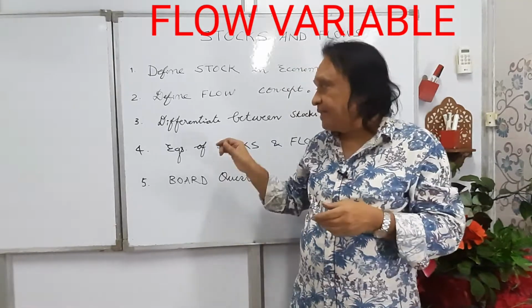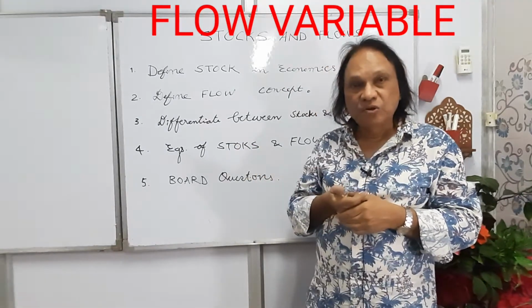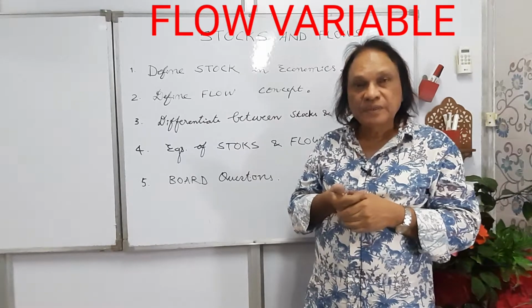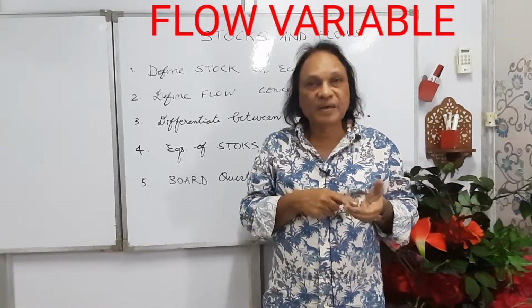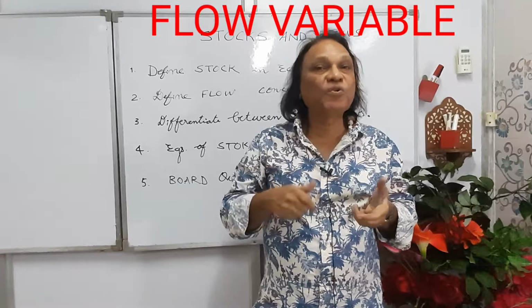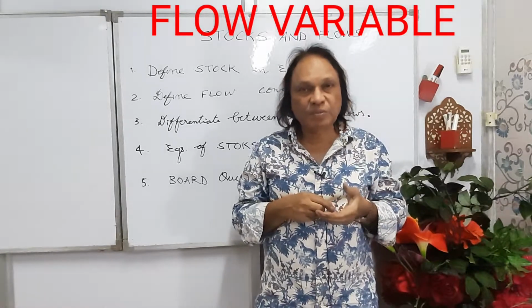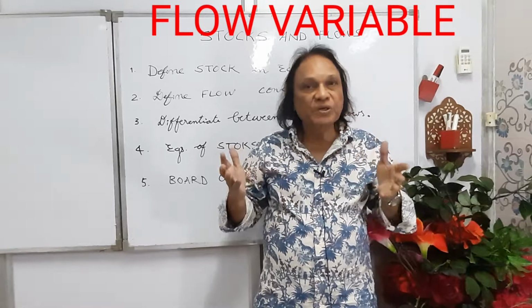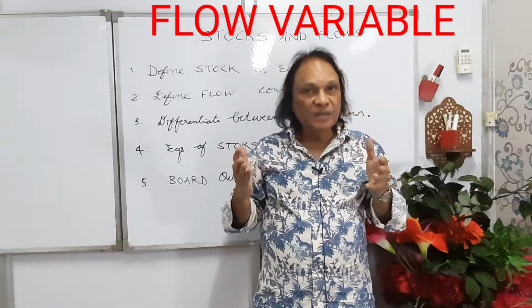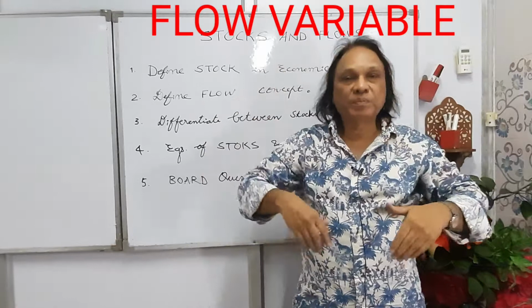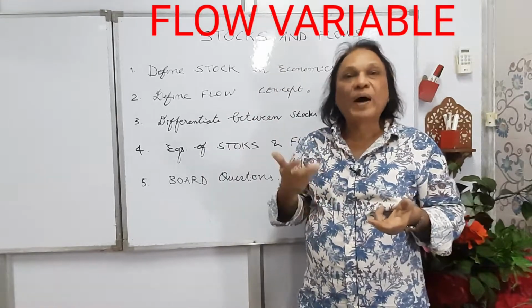So let's understand the flow concept in economics. National income is a flow concept. Why do we say national income is a flow concept? Because it is measured always over a period of time, maybe 1 year.